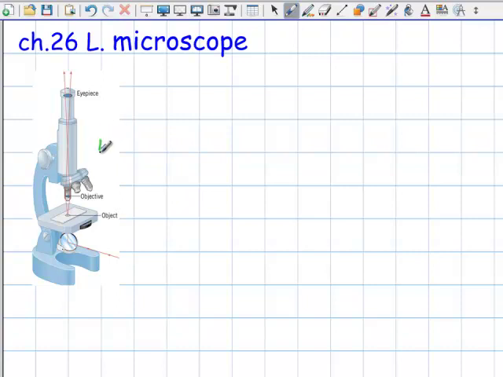So here is L equals 26.0 centimeters, and the focal length of the eyepiece here is 6.50 centimeters, and the focal length of the objective lens is 3.50 centimeters.